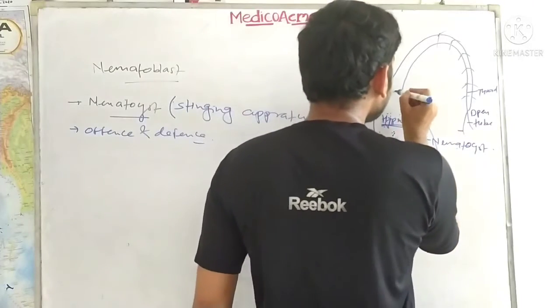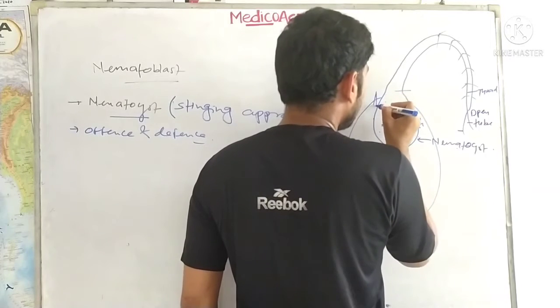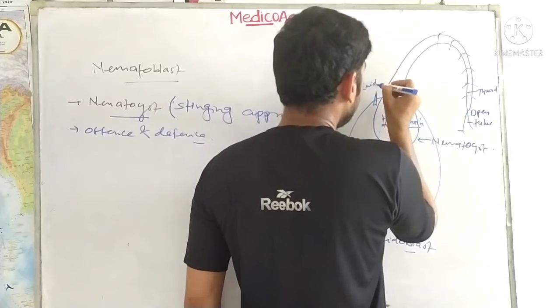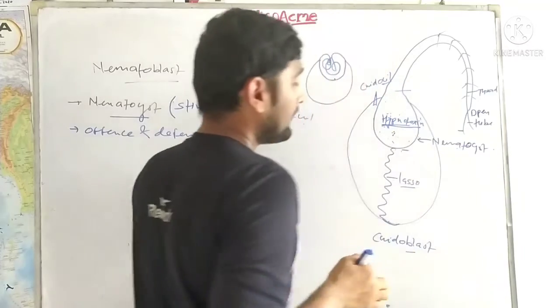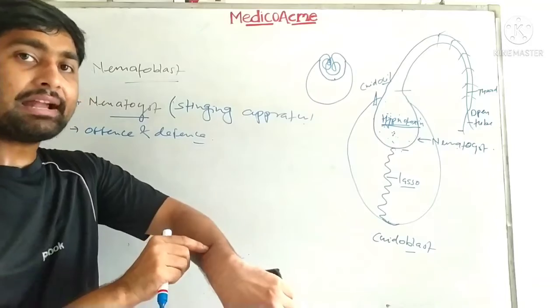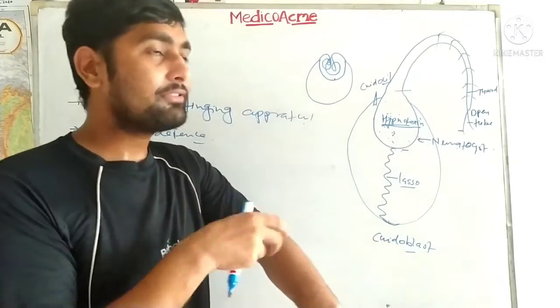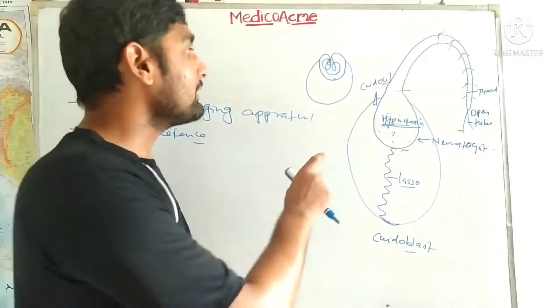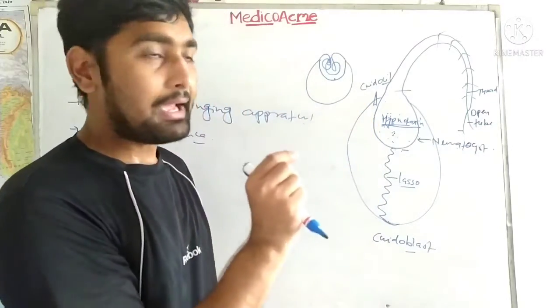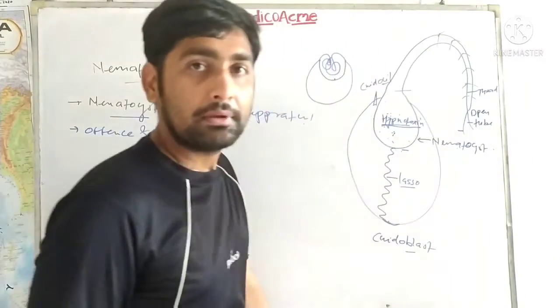So guys, here it becomes important to note that there is a nidocele. Nidocele is for anchorage. Suppose there is a predator, they will pierce the nidocele into an animal with skin, they will insert the nidocele and anchor, and then they will inject the hypnotoxin.